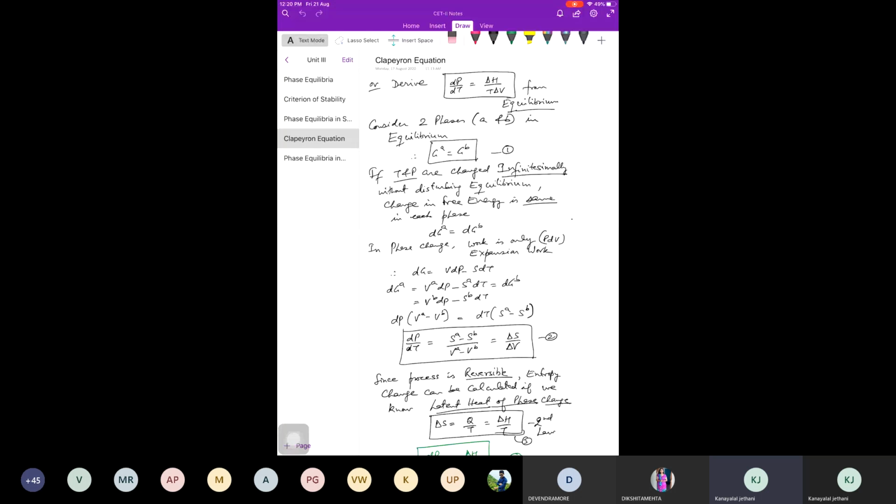और delta V भी सेम नहीं होगा because if you take one mole of water, what is the volume of 1 mole of water? 1 mole of water is 18 grams of water, so it is 18 milliliters of water.